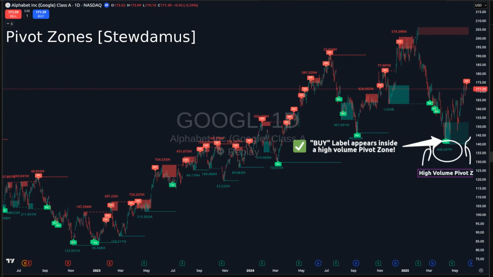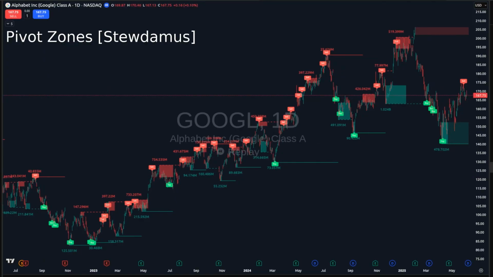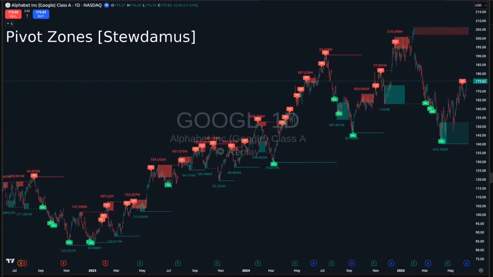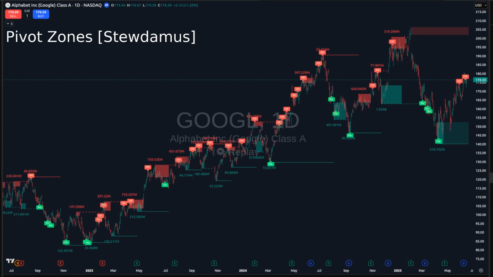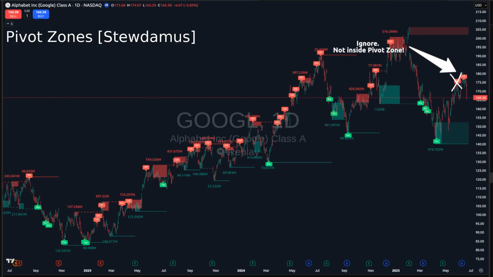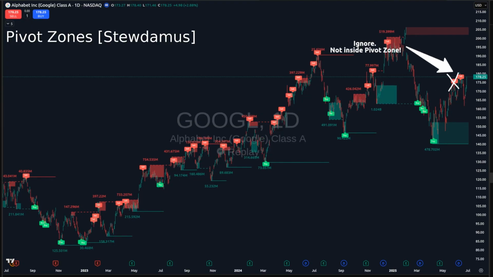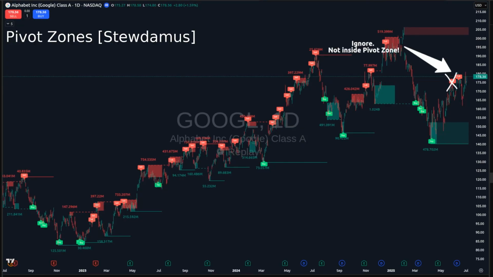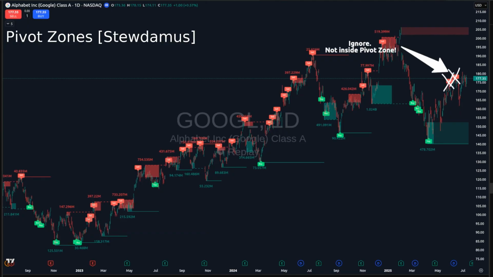Again, you're patient for a few days, maybe a few weeks before you make the entry. Somewhere in that area, you would have made that entry and you'd be in this trade on the long side. All right, once again, we get another sell signal that we can ignore because it does not occur inside of a pivot zone. In fact, we get 2 of them here.